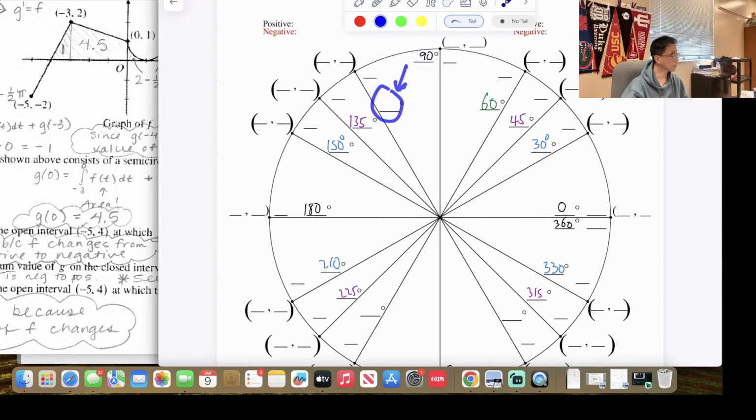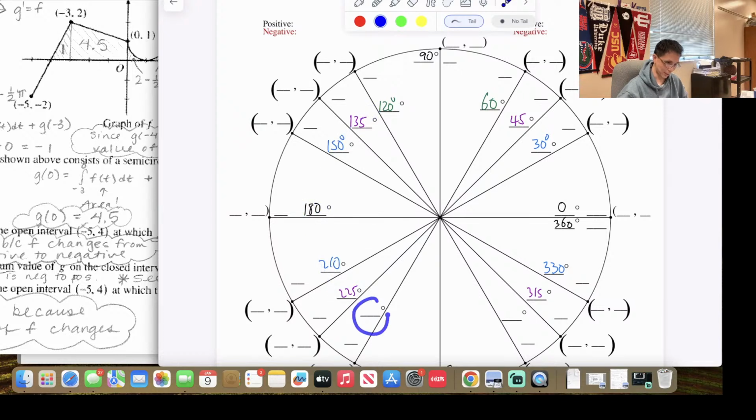Nope. It's bigger than 90. 105. Nope. 135. 125. I mean 120. 120, good. So that's 120 because they all have the same reference angle of 60 degrees. So you can basically take this and go back 60 degrees. So it's going to be 120. Does that make sense? How about this one here?